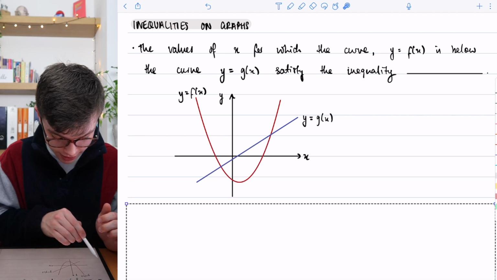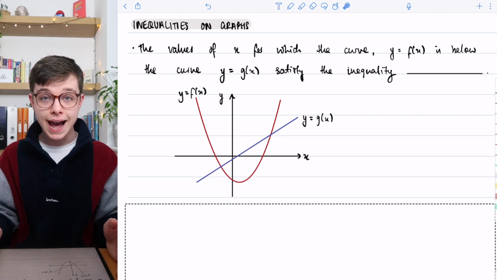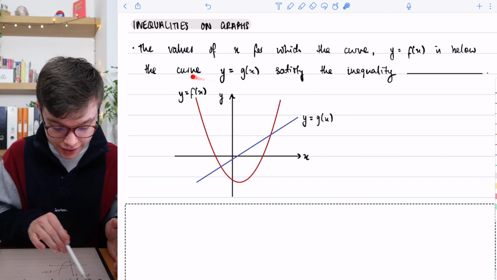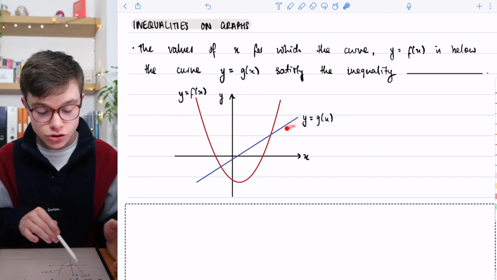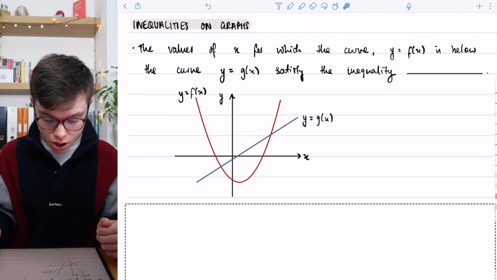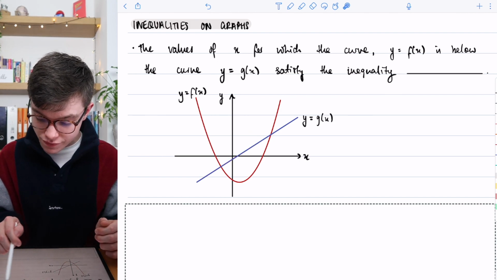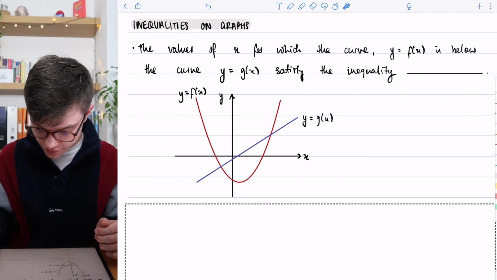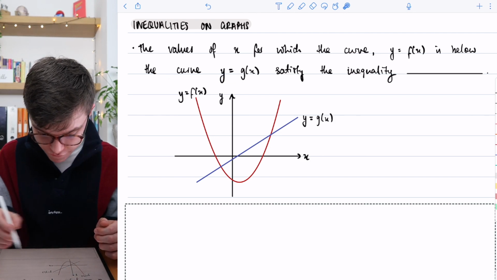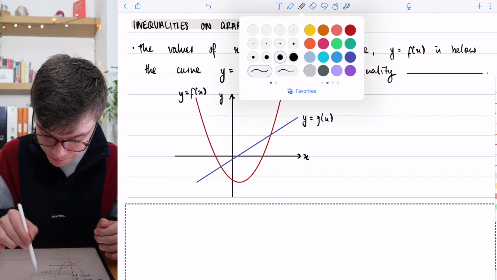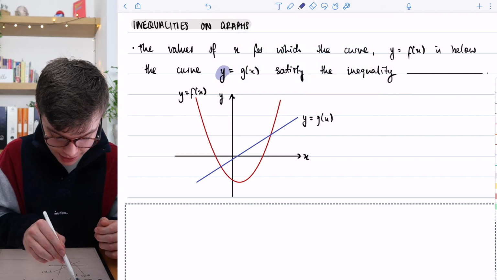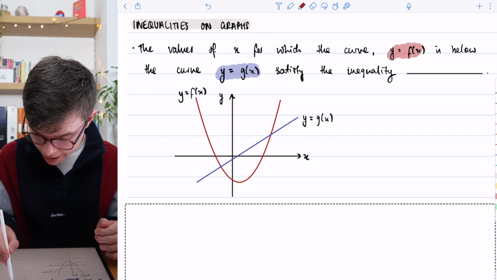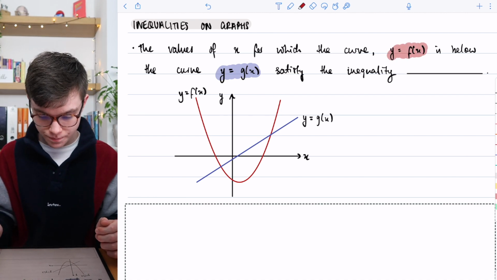Now I've got here in my example a straight line and a curve. So f of x is my curve and g of x, it says here curve, but I've got a straight line just to visualize this. What we've got is f of x being below the curve g of x. So if I get a blue highlighter, g of x is the blue line and f of x is the red line, or the red curve.